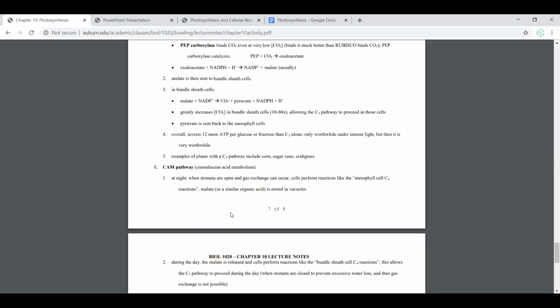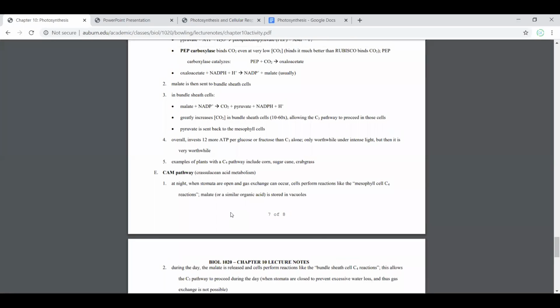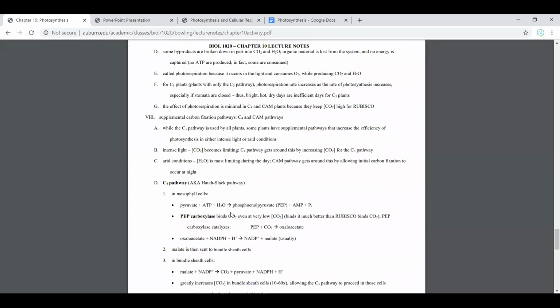The reason oxygen accumulates in C3 plants at very high temperatures is that they don't open their stomata often when they're doing photosynthesis, because some of that CO2 is going to leave, and they don't want any CO2 to leave. They want to keep their CO2 inside. So what's going to happen is you're going to have oxygen accumulate in cells.